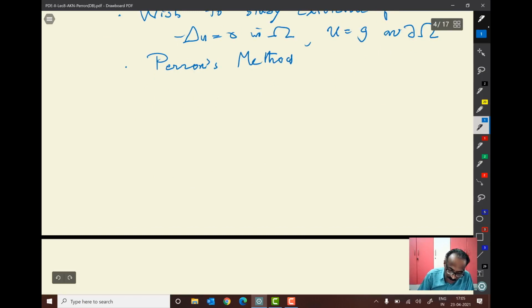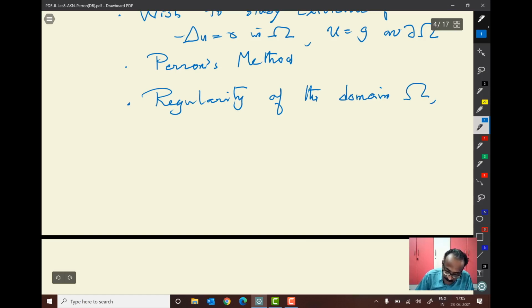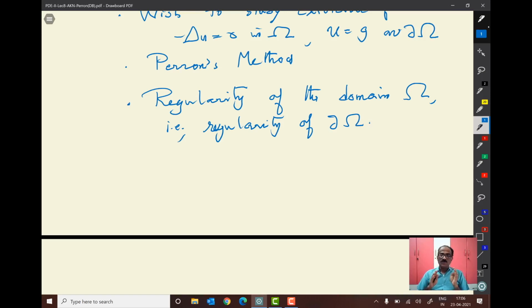What we need is regularity of the domain. The regularity of the domain means the regularity of the boundary, that is, regularity of the boundary of omega.